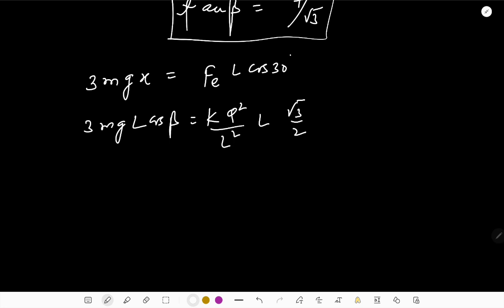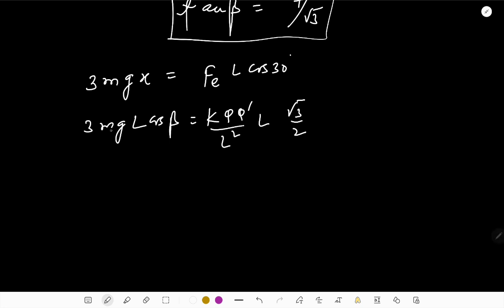And putting all those things, and also putting the value of m we earlier got, you can get the value of q dash. This is not kq square, this time it is kq dash, and we needed to find the value of this q dash.